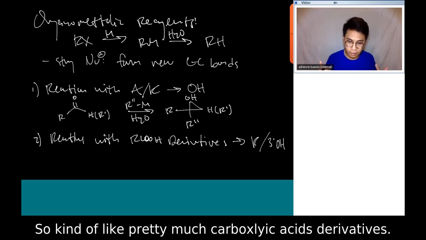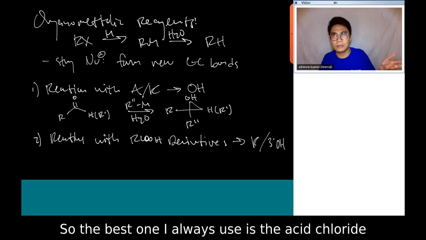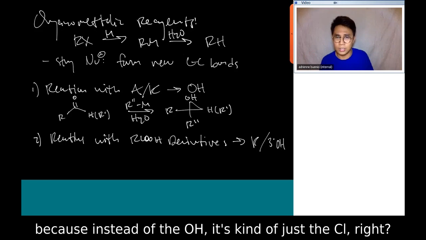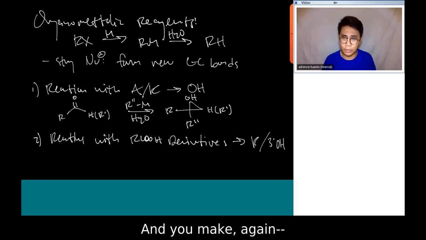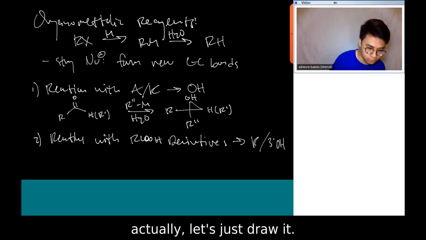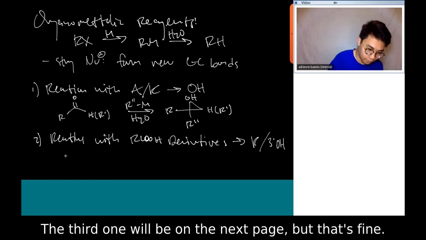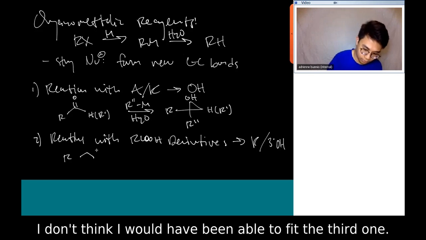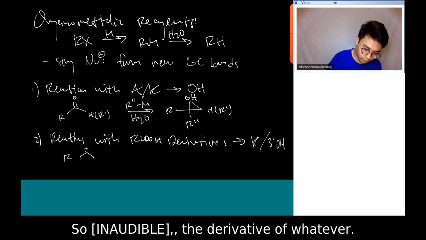The best one that I always use is the acid chloride because instead of the OH, it's just a Cl. Let's just draw it. The third one will be on the next page, but that's fine. I don't think I would have been able to fit the third one. But okay, so D, derivative or whatever.